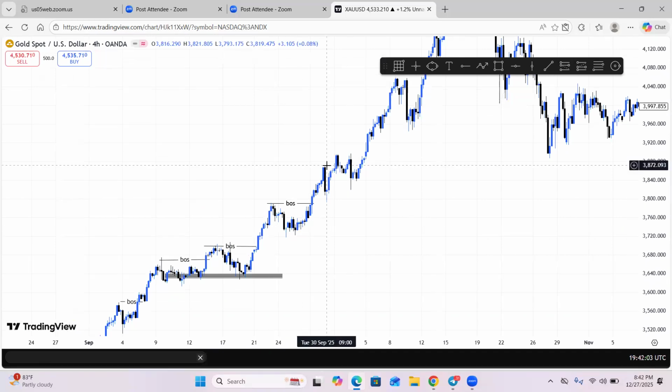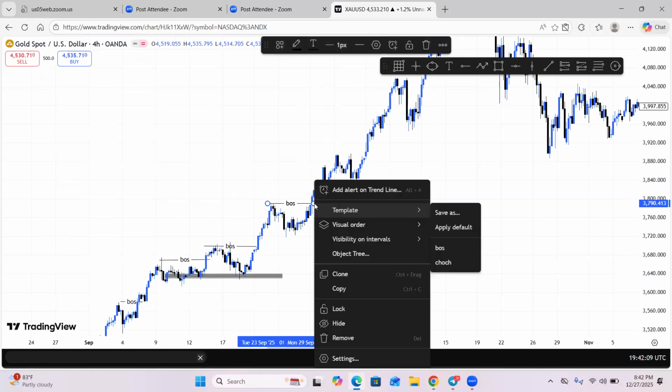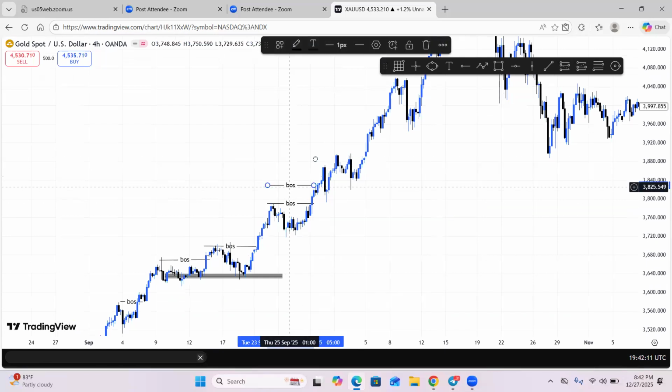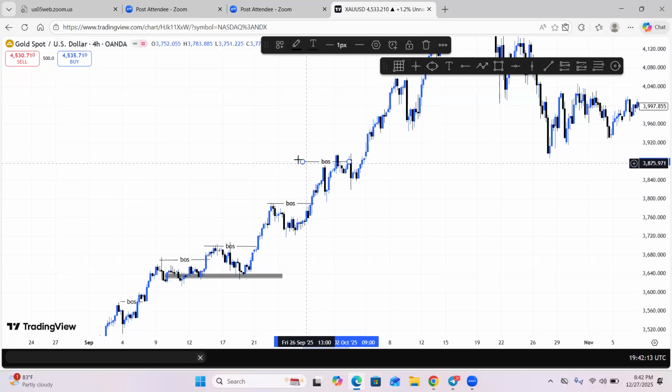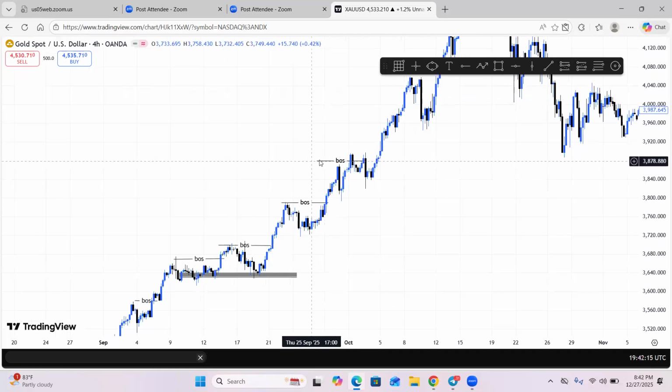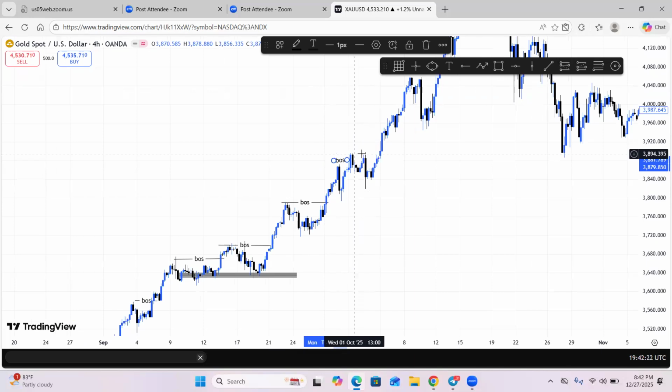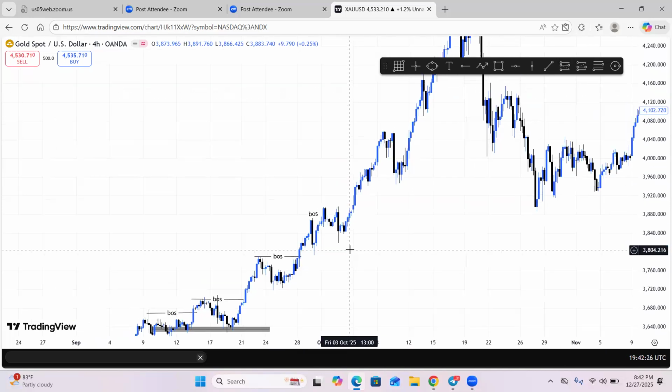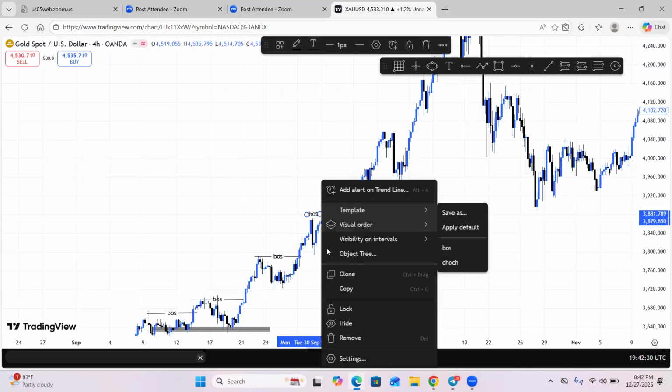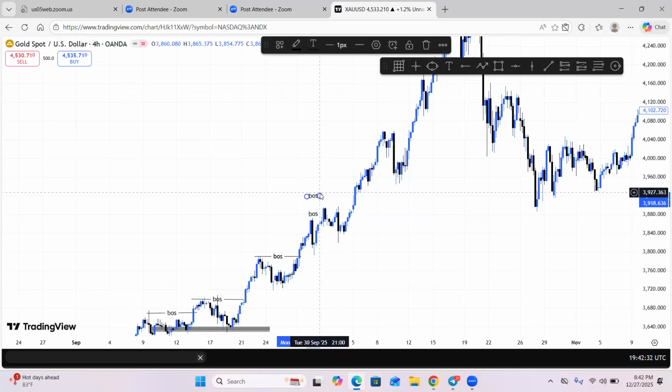After the pullback and the break of structure, there was another pullback and price cleared it, giving us another break of structure here at this level. When price got to this level, it came back, it retraced again before creating an impulsive move. So there's also a tiny break of structure present here.